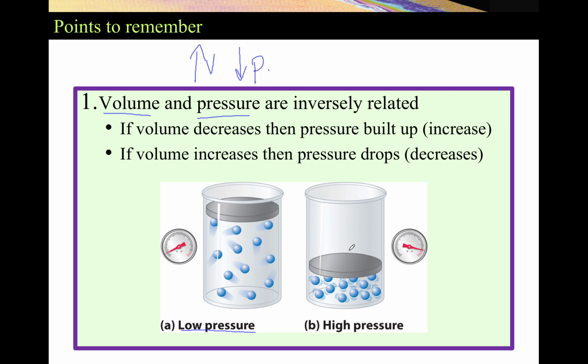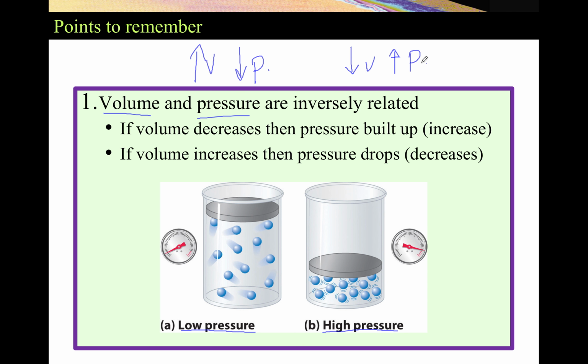Now, if you take the same container and limit the volume within it, the molecules are much closer together, which means they exert more pressure on each other, and therefore the pressure builds up. So by decreasing the volume, there is a build-up of pressure.